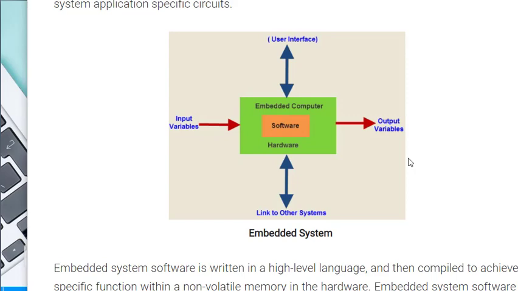The embedded system hardware includes elements like user interface, input-output interfaces, display and memory, etc. Generally, an embedded system comprises power supply, processor, memory, timers, serial communication ports, and system application specific circuits.